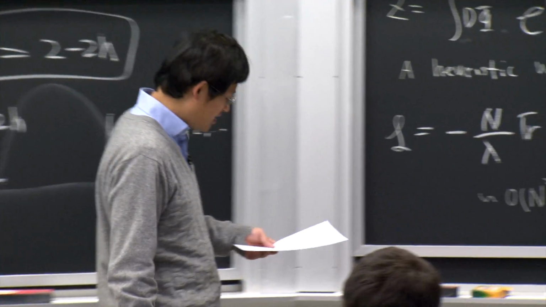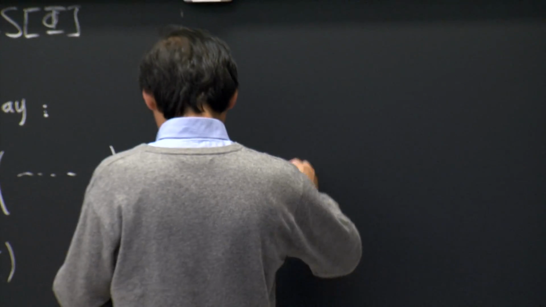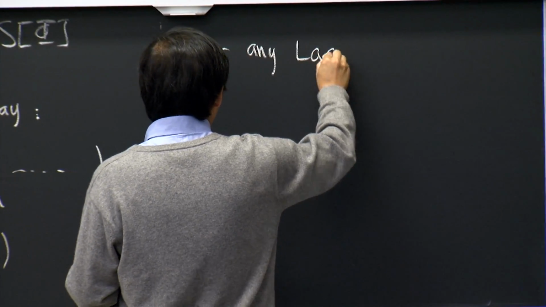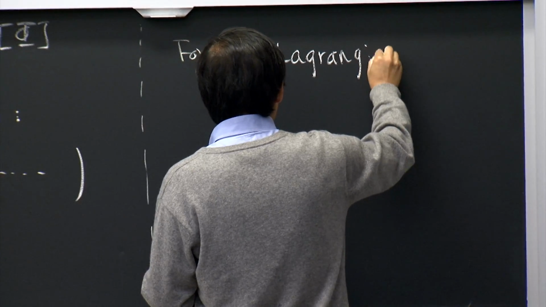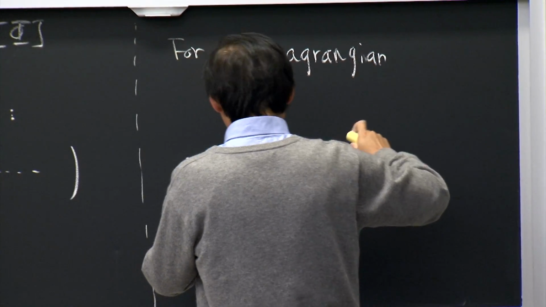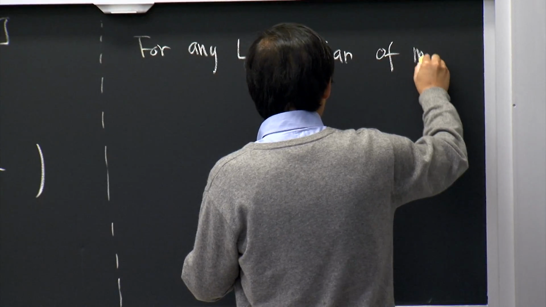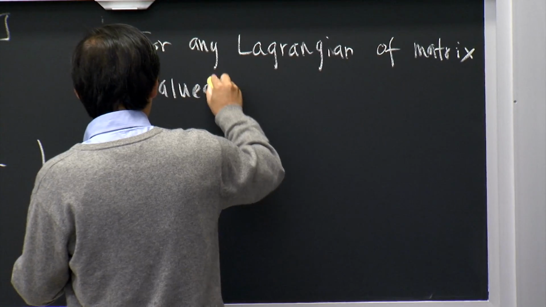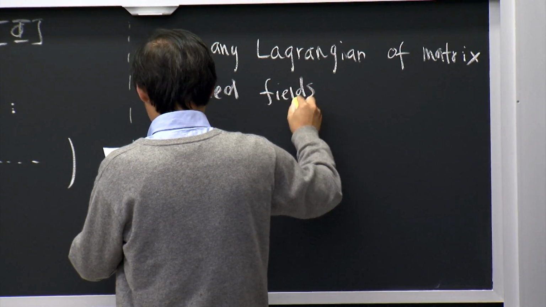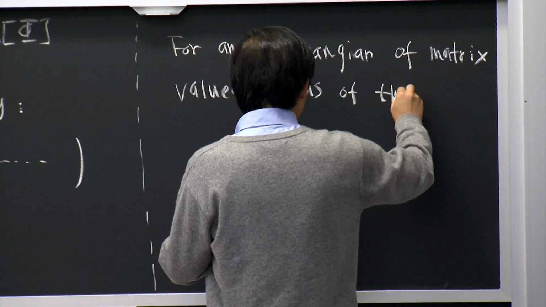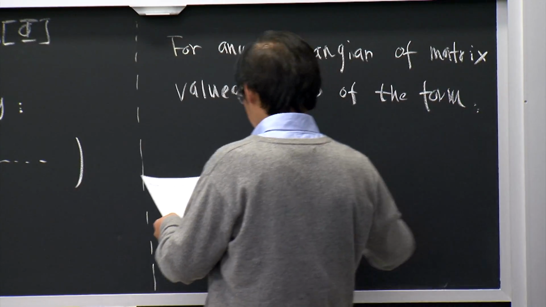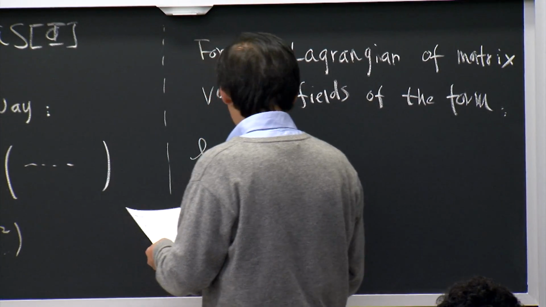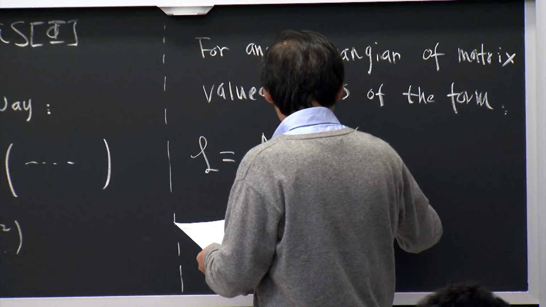Okay? So now I'm going to make a claim, that for any Lagrangian of matrix valued fields of the form L, which is n times some coupling divided by some coupling constant times the trace of something.